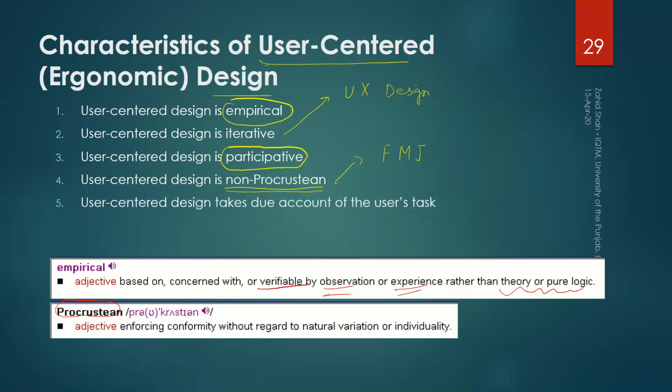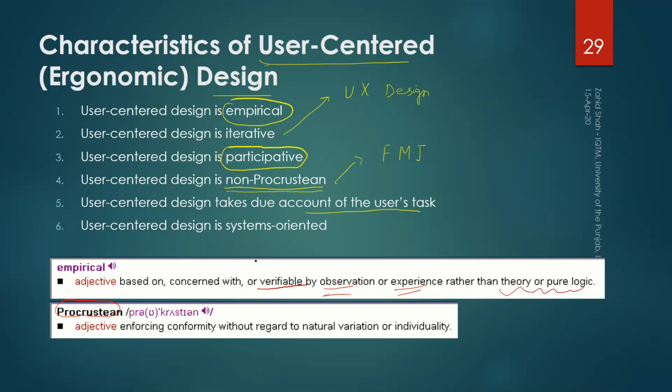User-centered design takes due account of the user's task. That is obvious, that you have to consider the characteristics of the task as well. User-centered design is systems oriented, so you have to consider not only the user, the task and the product, but how that user, his task and the product he's using interact with the other elements of the system.